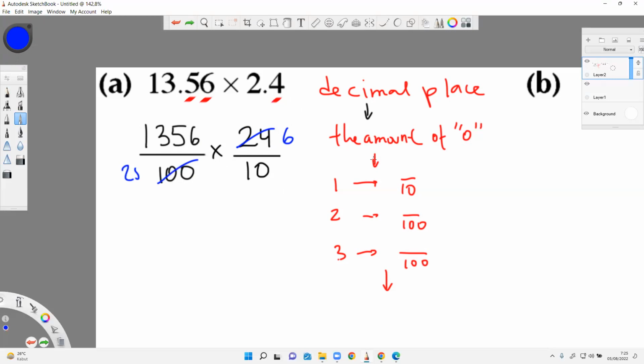Kurang kerjaan. Okay, again, keep the multiple of 10 at the bottom part, be there. Don't change it at all. So what to do? Do the hard multiplication. 1356 multiplied by 24. Okay? Yes?